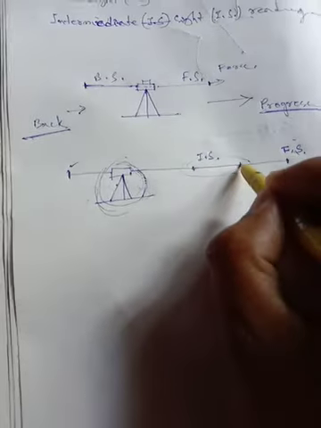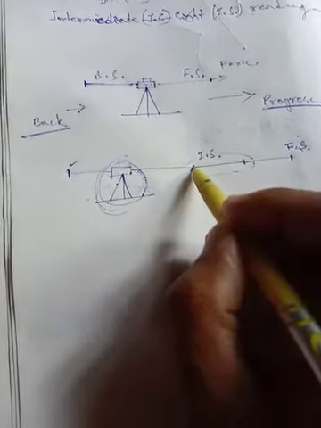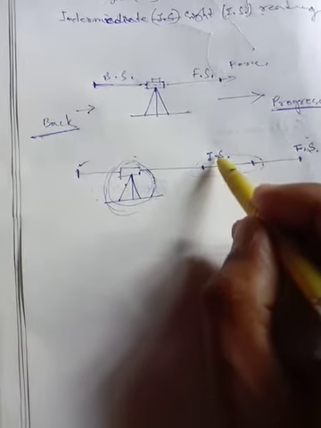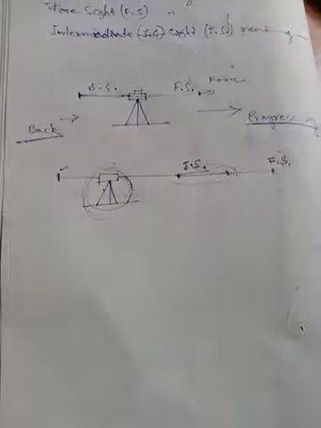These are obviously intermediate points, that's why it is termed as intermediate sight reading.